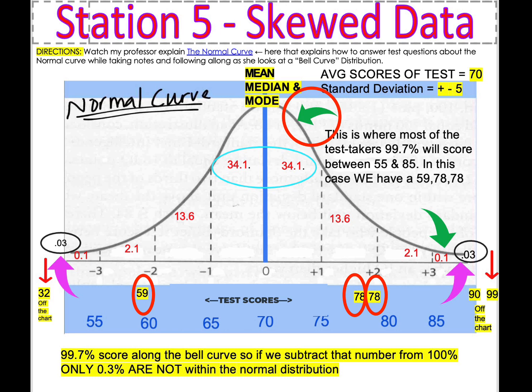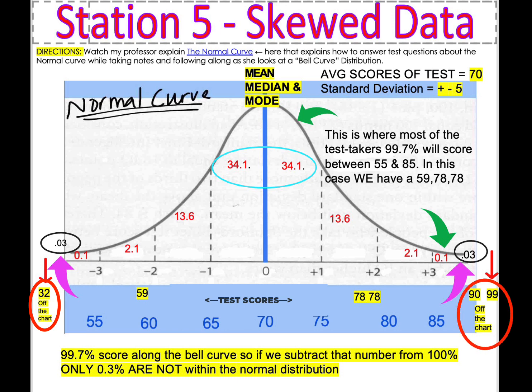Okay, next up, we are going to use a red marker to draw an arrow at both the lowest and the highest scores within that data set. So we have a 32 over here, and over here on the positive side, we have a 90 and a 99, 99 being the highest.